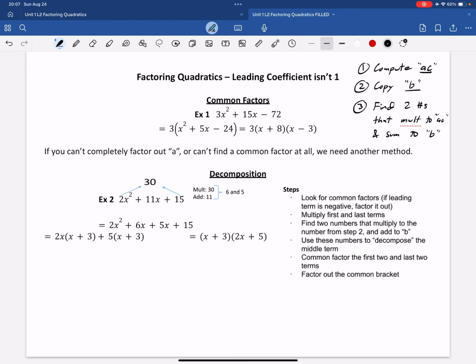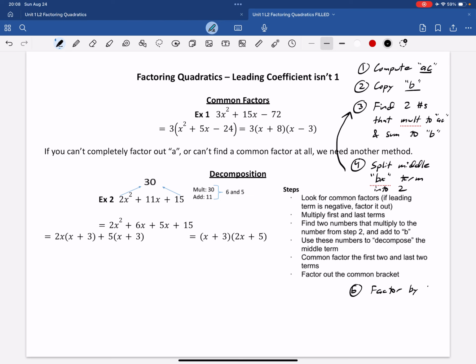Then step 4 will be to split the middle, which means the BX term, into 2. We're going to do that with whatever numbers we found in step 3. And then step 5 is we're going to factor by grouping.